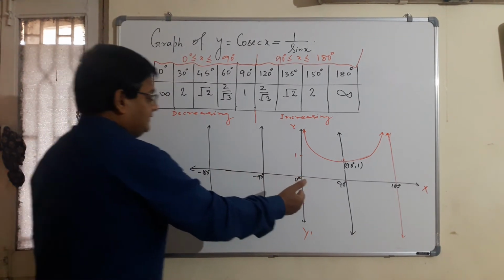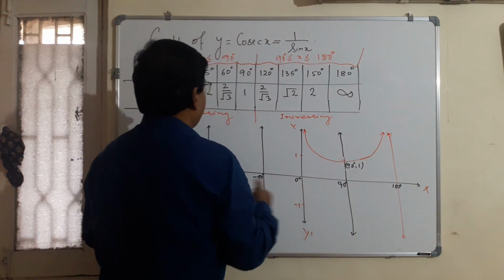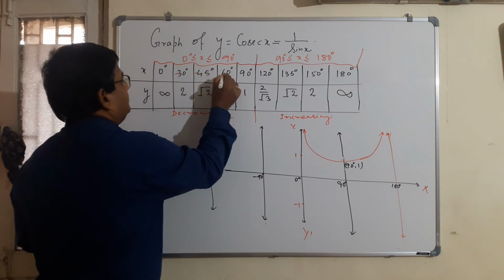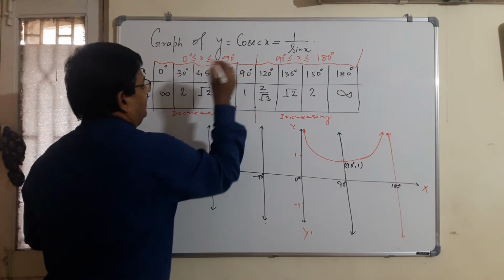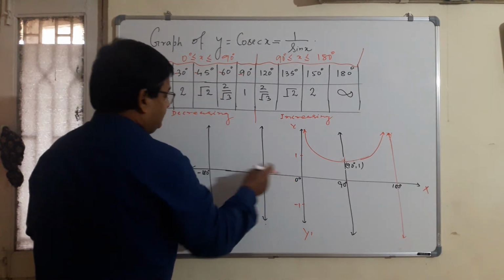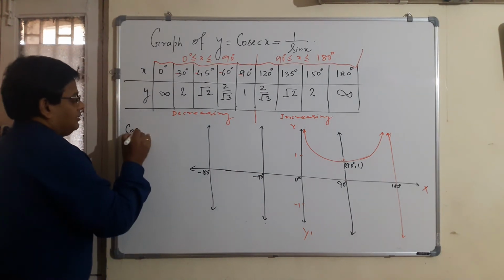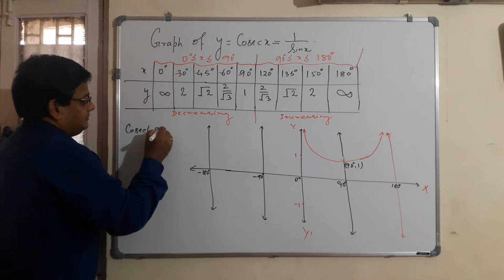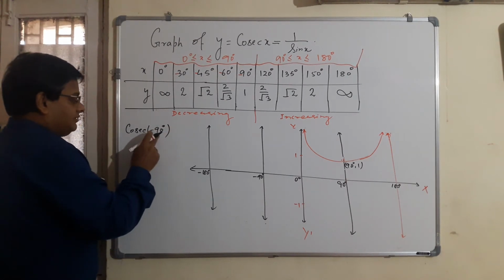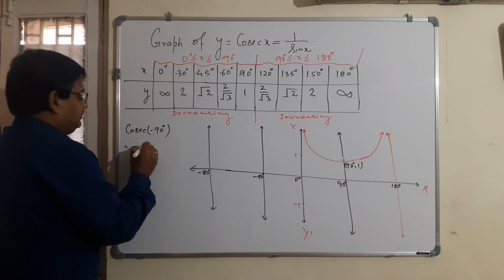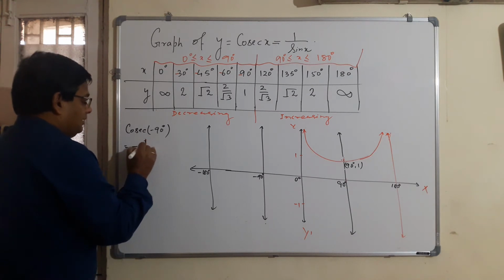Cosec of minus 90 degree lies in the fourth quadrant, so it becomes minus.